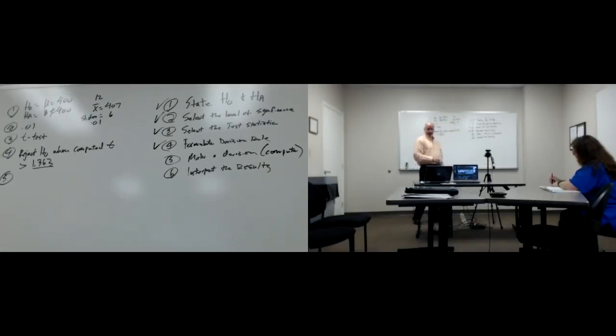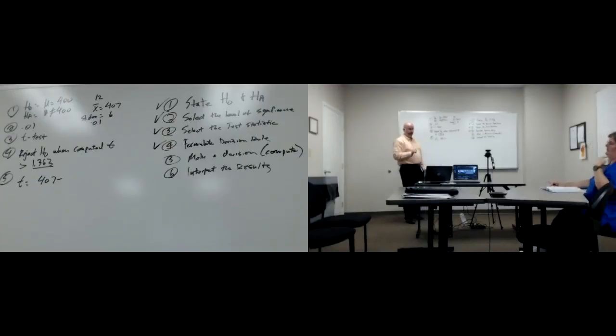I have t equals 407 minus 12, which is the mean minus the test number. 407 minus what? 12, the sample number of observations.